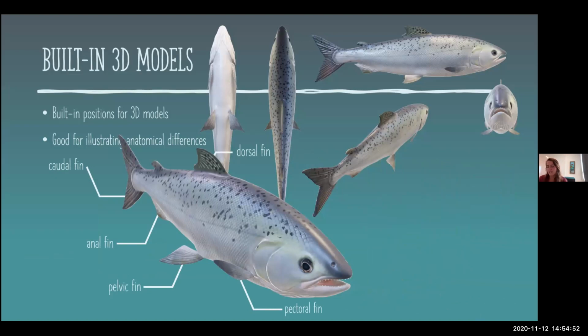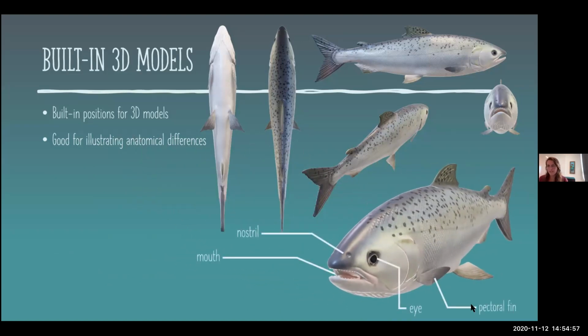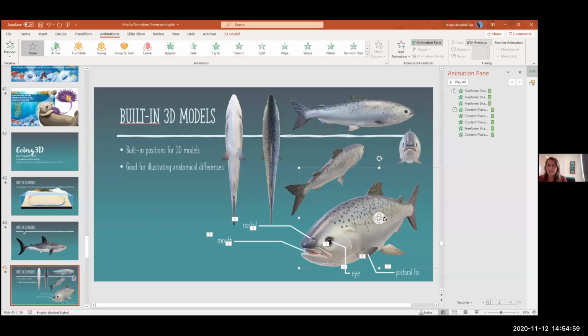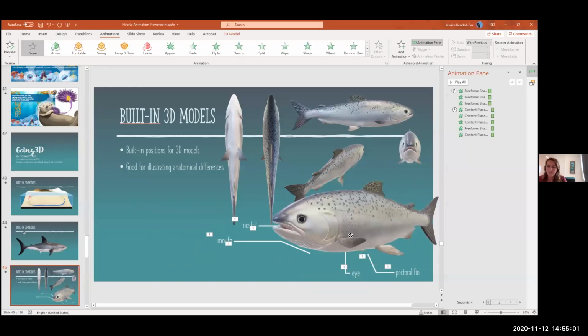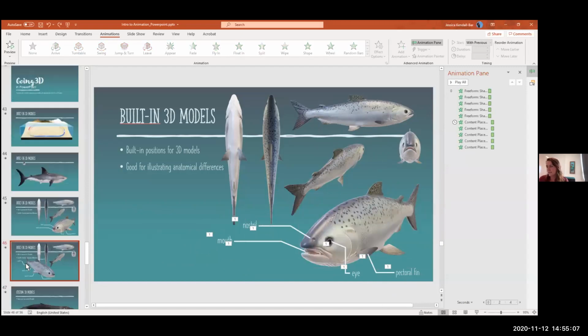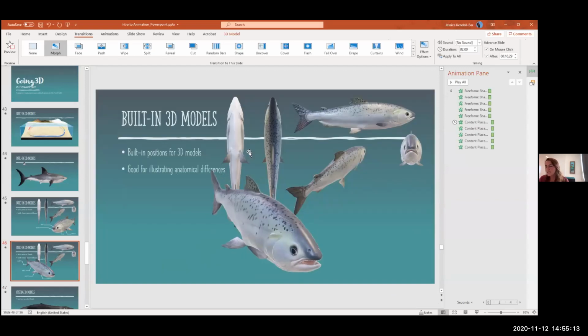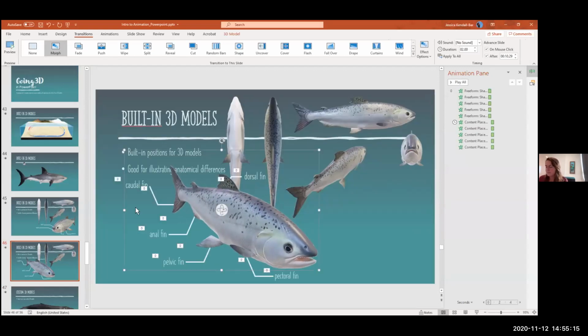The way I did this transition is I just used the morph transition. This 3D model can be moved in any direction. So I made it face that direction in that slide, and in the next slide, I made it face this direction. When you apply the morph transition, it turns around for you.